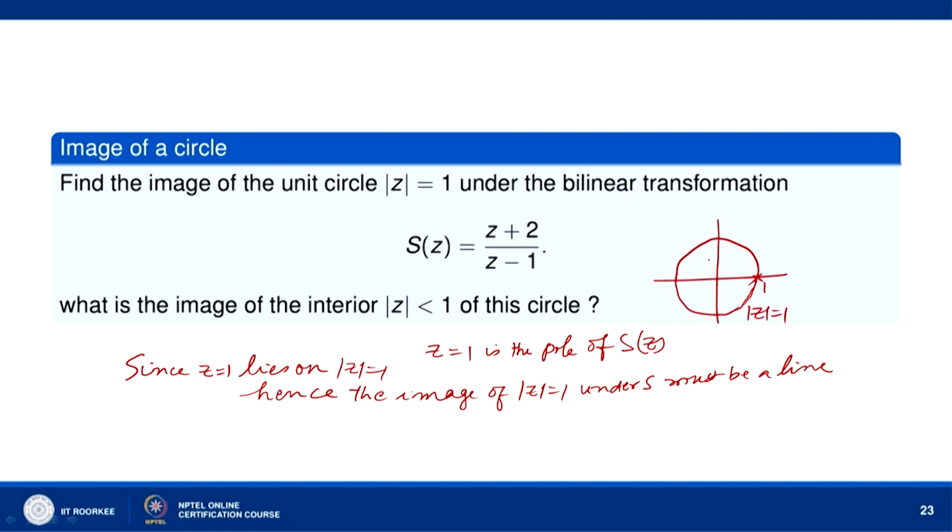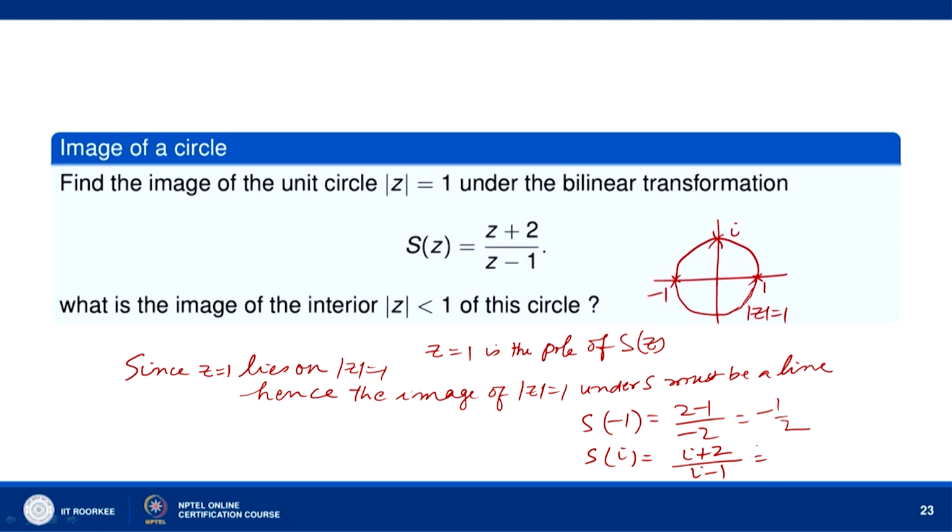Let us take one point as -1 on this circle, another point let us take as i. Then S(-1), we can see, is (-1 + 2) divided by -2. So, this is -1/2. And S(i) is (i + 2) divided by (i - 1).